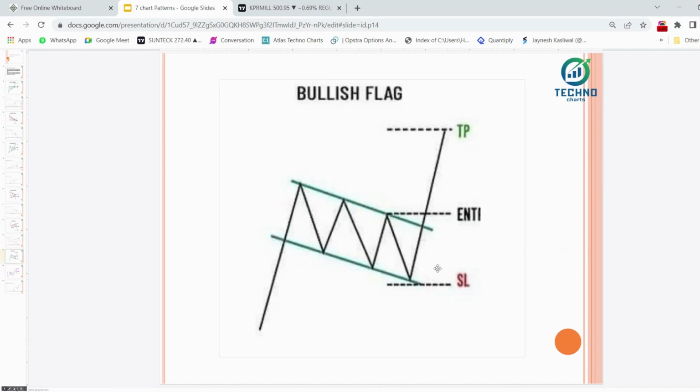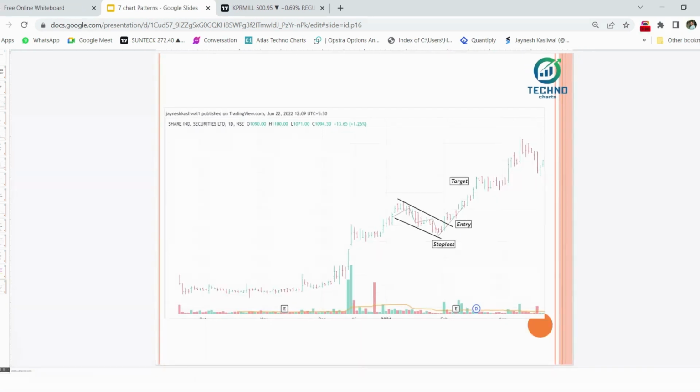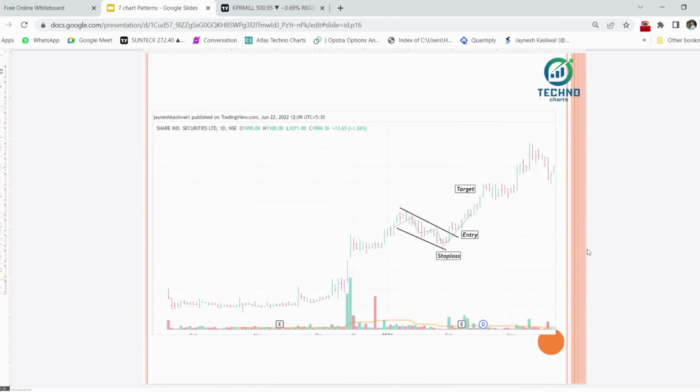And the same is the bullish flag pattern, one of the most common patterns, a bull flag pattern or bullish flag pattern, where initially target one would be the length of the descending channel, and the final target would be the length of the pole, the flag and pole pattern. This is an example of the bull flag pattern that we have seen right now, where the stock initially was in an uptrend, then the stock pulled back, and then the stock finally broke out, right?